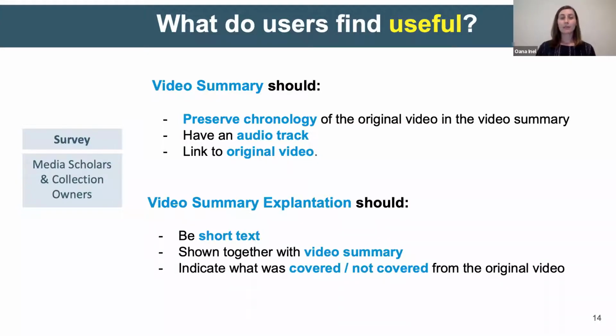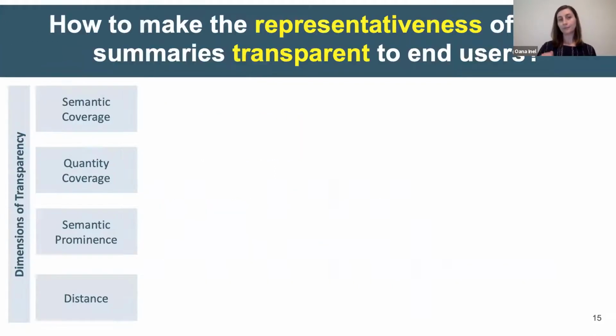Regarding video summary explanations, participants prefer short textual explanations that can be shown together with the video summary. As for the type of explanations, participants prefer to have an overview of both concepts that are covered in the video summary and concepts that are not covered in the video summary.